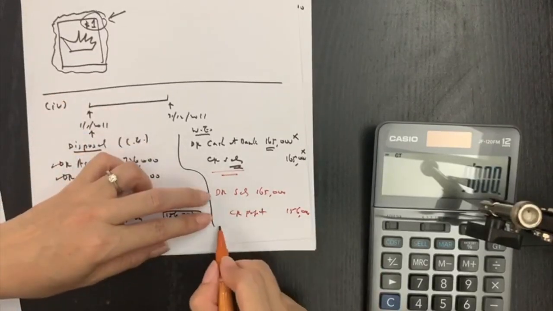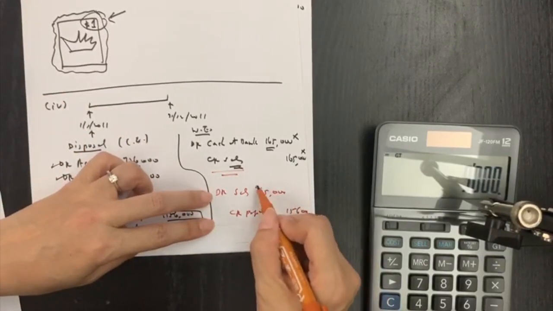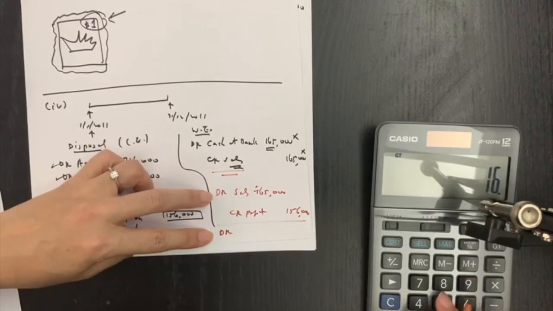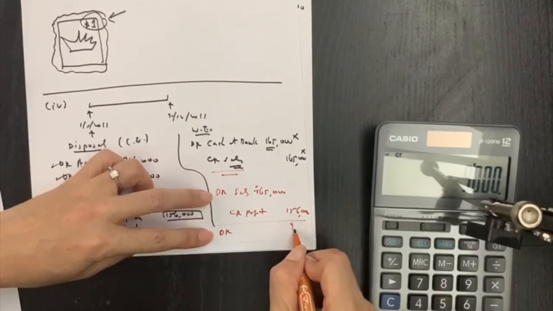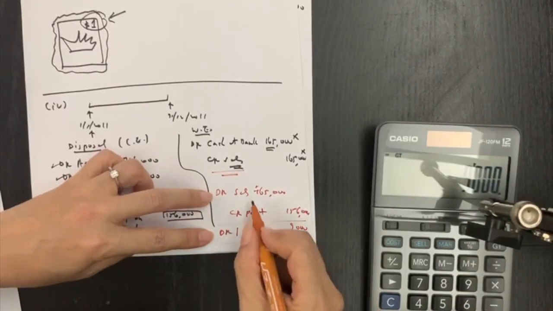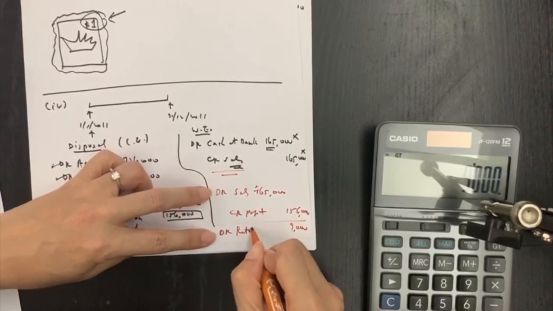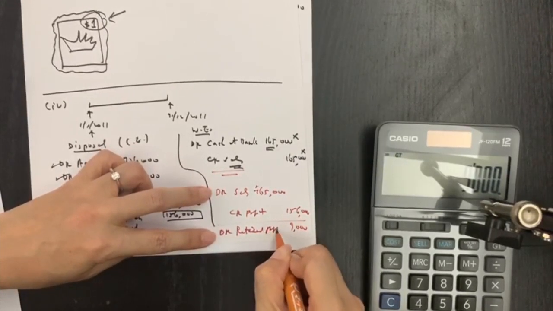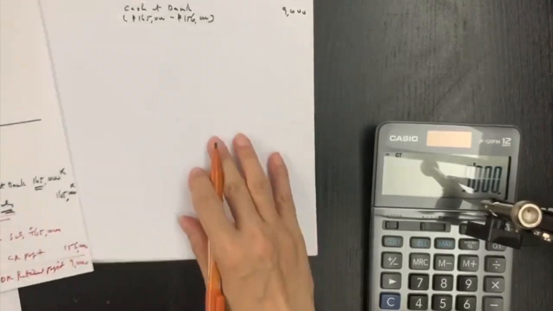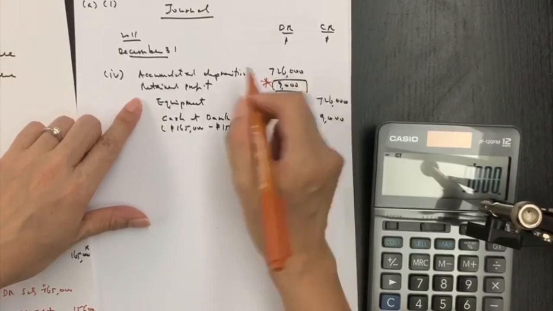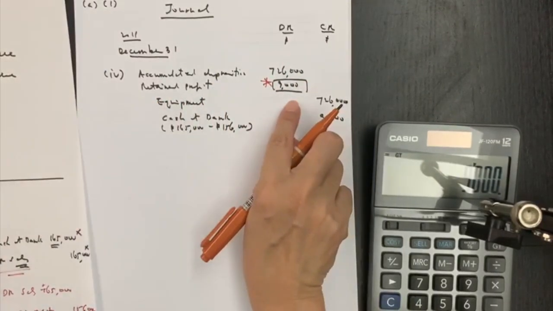Okay, so if you put them together, so you will see the debit side is bigger than the credit side by 165 minus 156 by 9,000. So these two items affecting retained profit. So you can see we also get automatically the retained profit figure by 9,000.